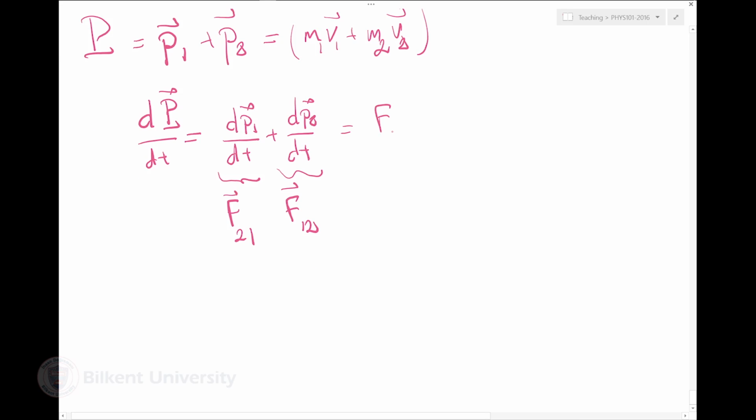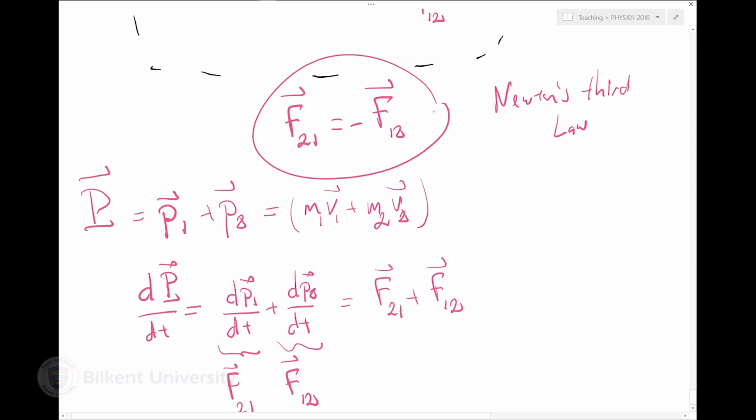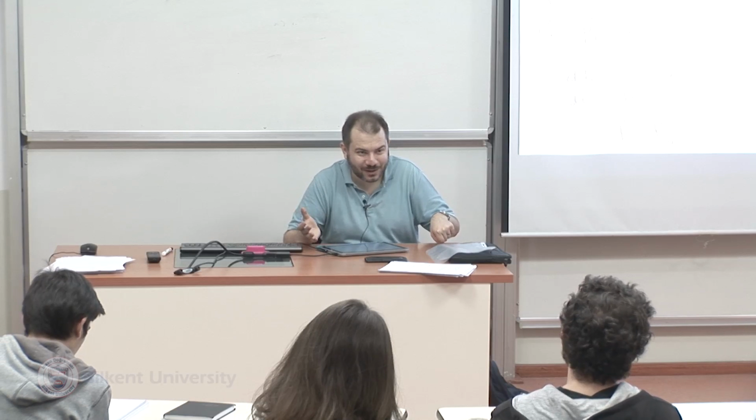So this is going to be F21 plus F12. Wow. Well, the second term is just the negative of the first one, so it gives me 0. So this is pretty powerful, as long as Newton's third law applies, and we know that it applies everywhere, right?